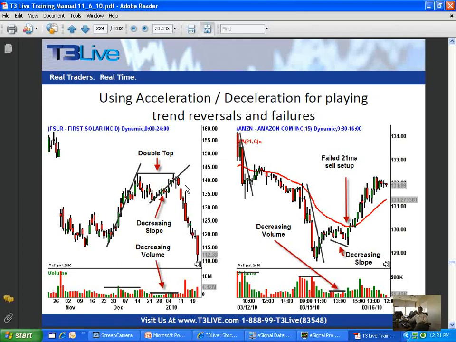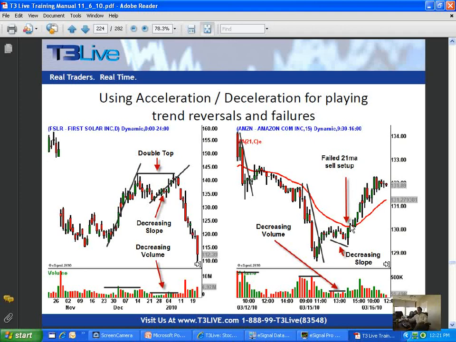That's a signal that the stock could potentially reverse. Again, decreasing volume and decreasing slope right here are a sign that the stock is going to reverse its downward movement.